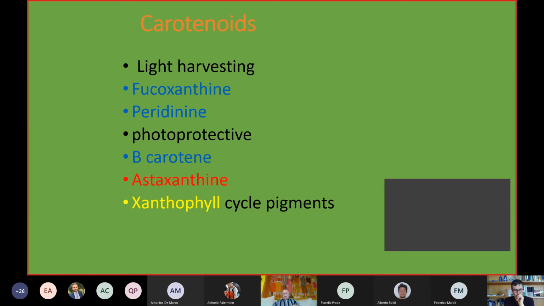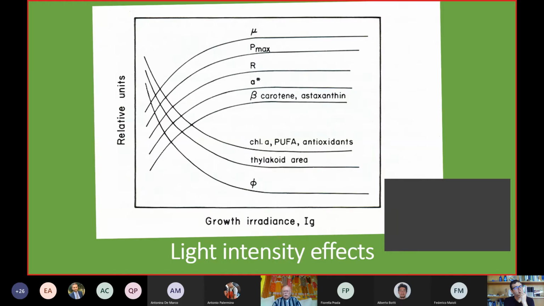Therefore, in such studies there is no sense at all in measuring total carotenoid, because parts of it have opposite functions. One increases the light harvesting and the other reduces the light harvested. Okay, now we're beginning to go into practicals.